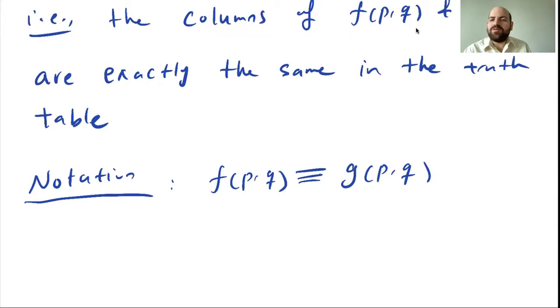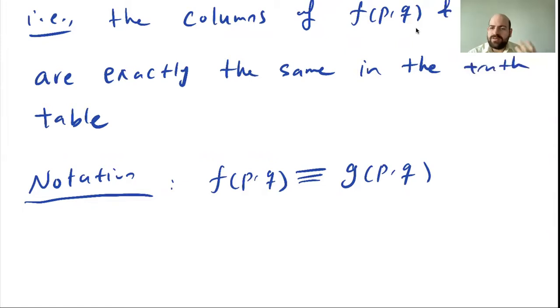It could be P implies Q, P or Q, P and Q, negation P and Q. Because I want to provide a general definition, I just called it f of p and q. g of p and q, again, could be anything, P implies Q, Q implies P. So for any two compound propositions, if the resulting truth values for the first and the second are exactly the same for each possibility of truth values of P and Q, then we say they are logically equivalent.